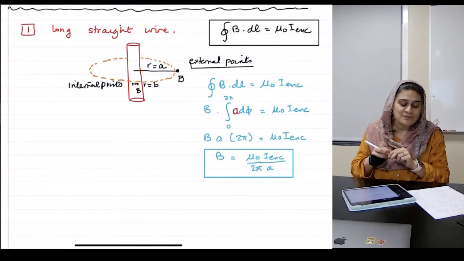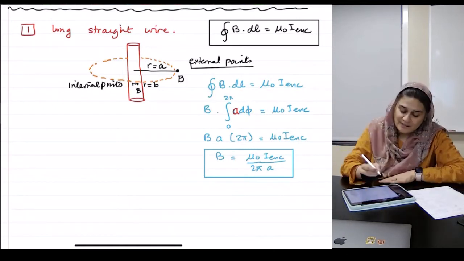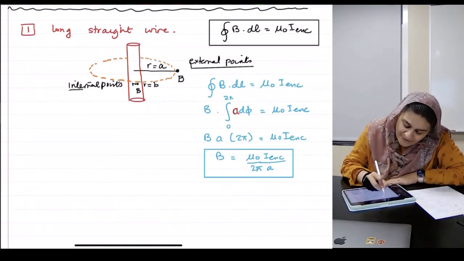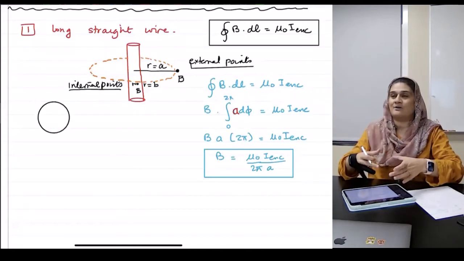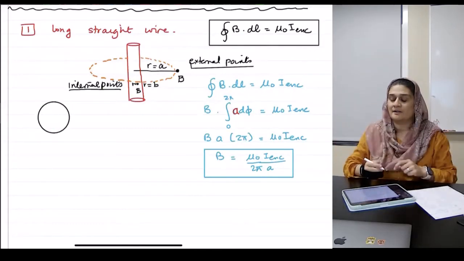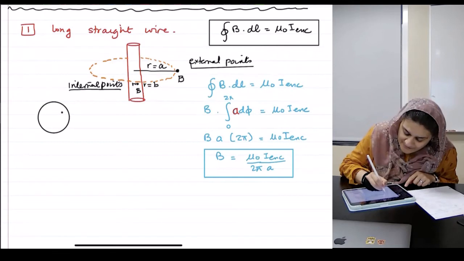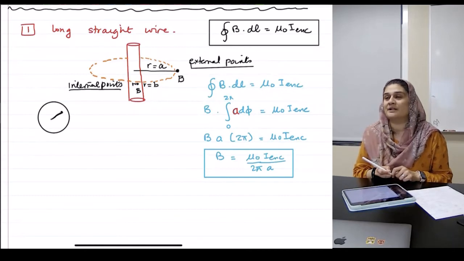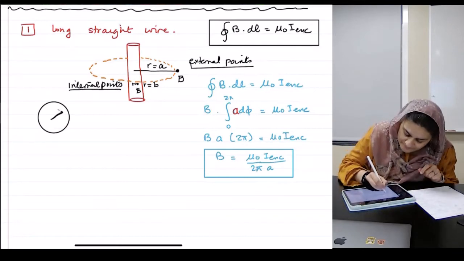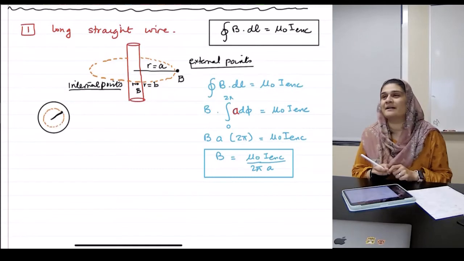Okay, now what happens to the interior points? If I'm looking at my internal points, if this is my cross section, like looking down at my wire, and I want to find the B field here, what will my Amperian loop look like? Will it not look like this?